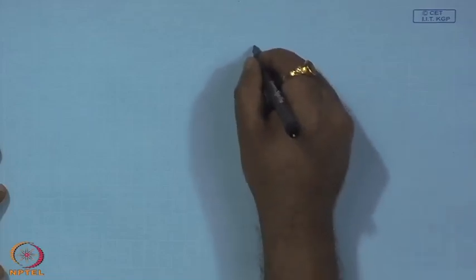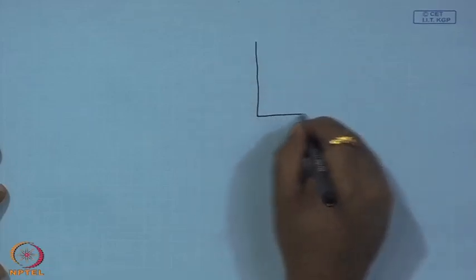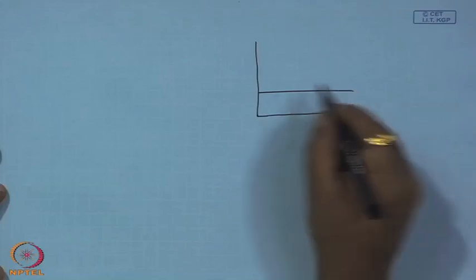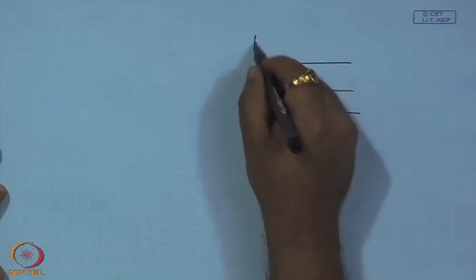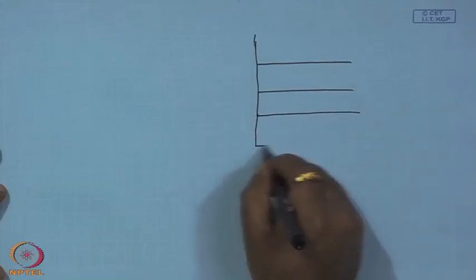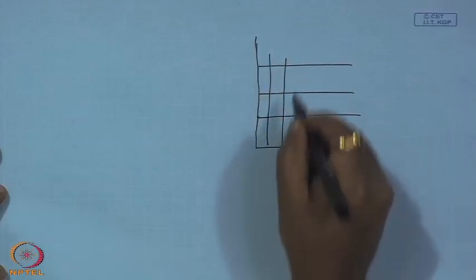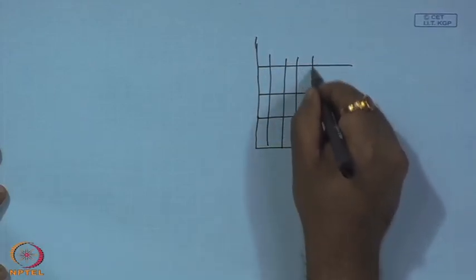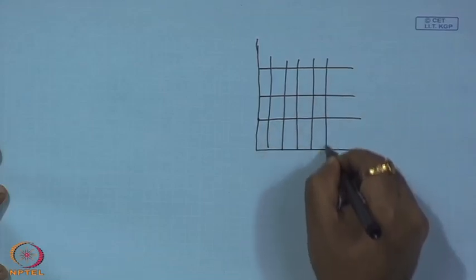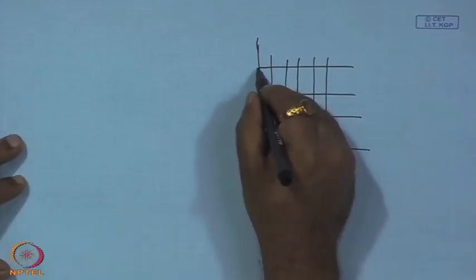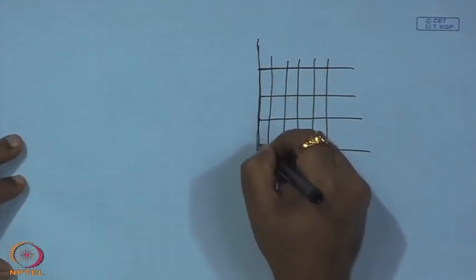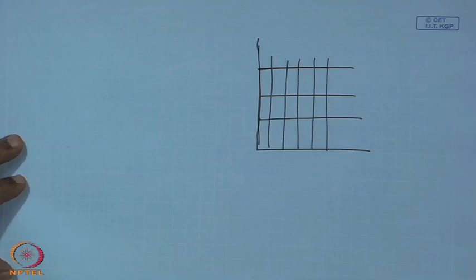So, for example, suppose this is your grid, and let us say this is the boundary.